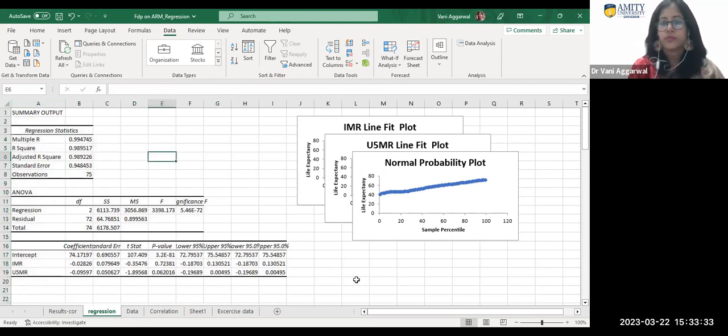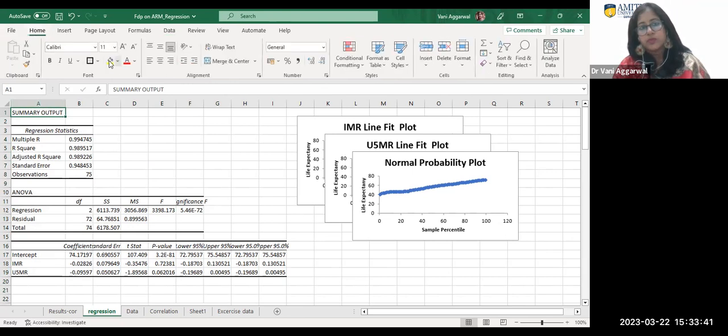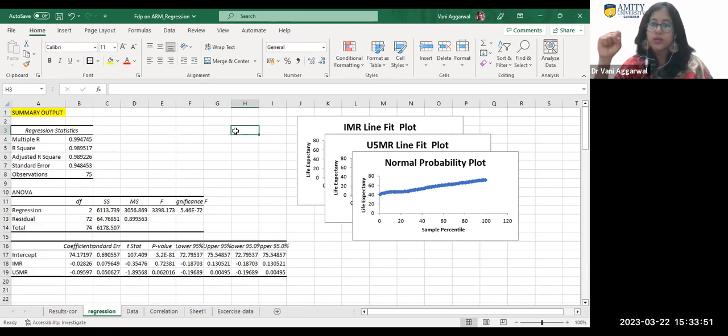If you click on OK, you will get this summary output for your data set. This is how you calculate or do regression analysis of any data set in Excel.